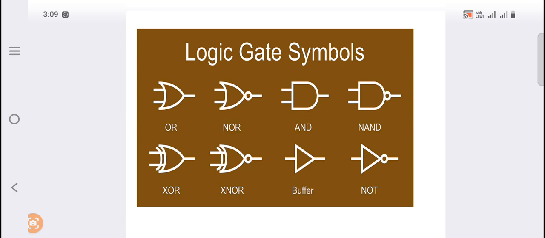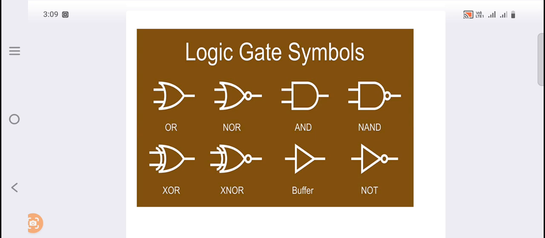By combining different logic gates, complex operations are performed in circuits like flip-flops, counters, etc. One by one we are going to see: OR, NOR, AND, NAND, XOR, XNOR, buffer and NOT.